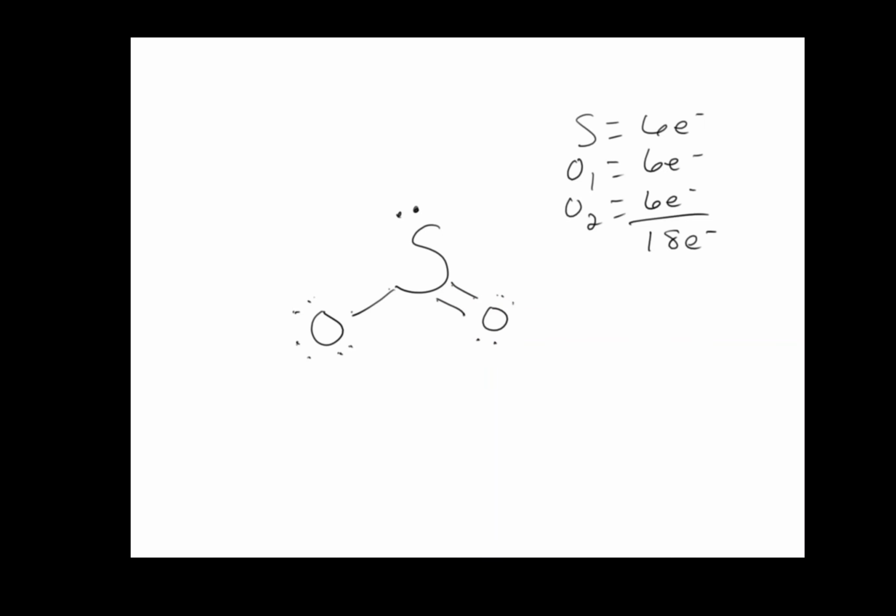Let's check our formal charges. Half of that bond, half of that bond. So sulfur owns right now 1, 2, 3, 4, and 5. But I know sulfur brought 6 to the party, and it only owns 5, so that's an overall +1 charge.